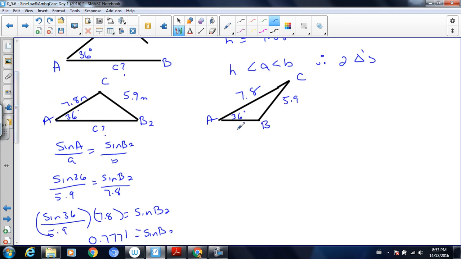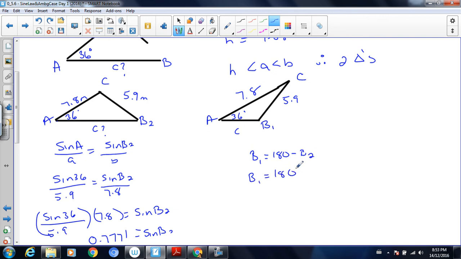So again, I need to solve for side C, but remember, this is B1. I don't have to go through a bunch of work to find this angle because B1 plus B2 is 180. So I can solve for B1 because 180 minus B2 is B1.